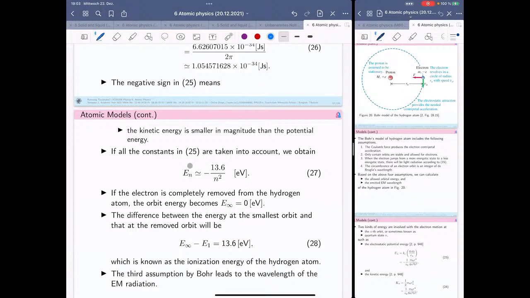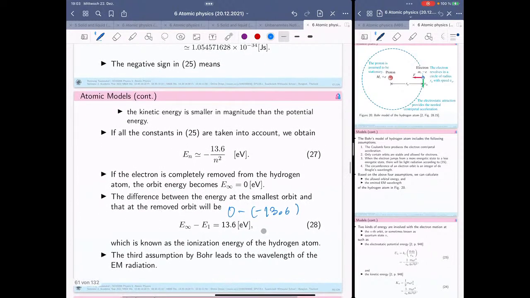So you have 0 minus (-13.6 eV), and you will end up with the positive 13.6 eV as the outcome. This is also known as the ionization energy of the hydrogen atom, the maximal difference between energy states of the hydrogen atom.